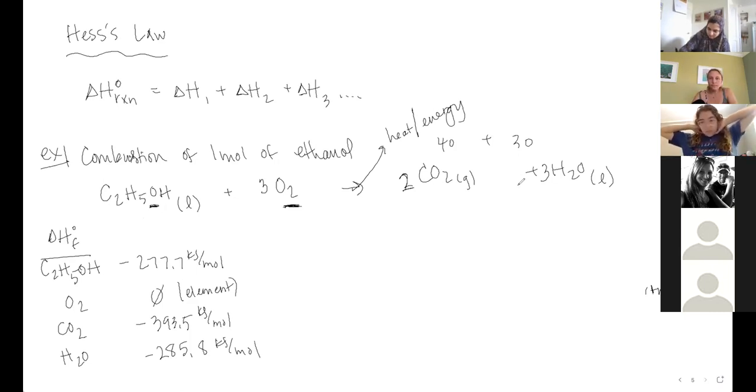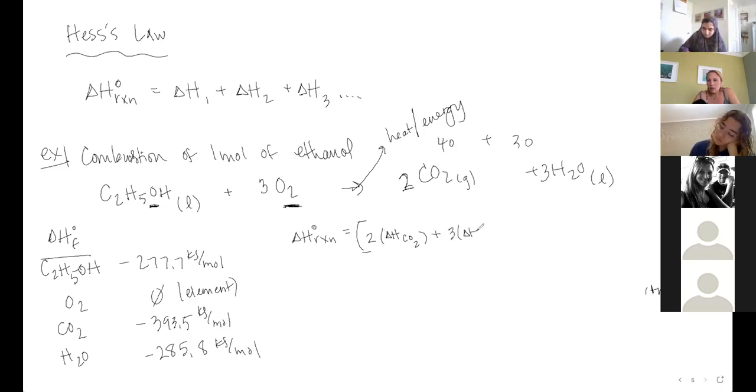So now that I have this equation, I know that my delta H of reaction at standard temperature and pressure is going to be equal to 2 times the standard enthalpy of formation of carbon dioxide, plus 3 times the standard enthalpy of formation of water, minus, so these are my products, right?